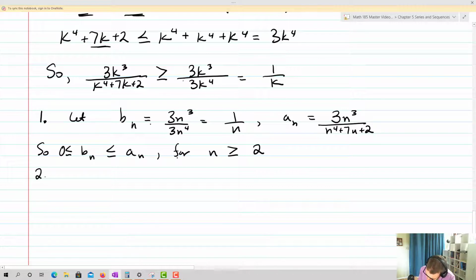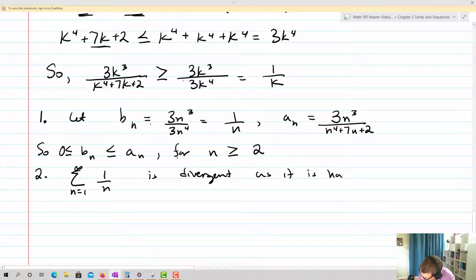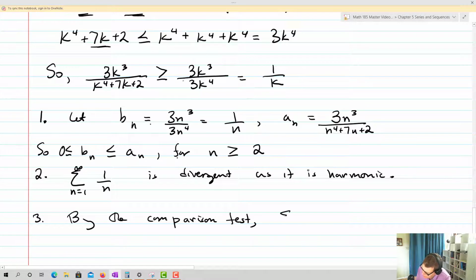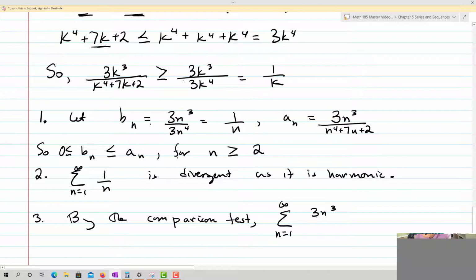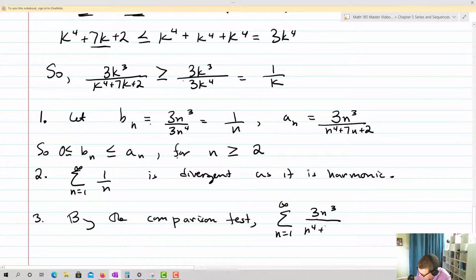So now 2, the sum from n equals 1 to infinity of 1 over n is divergent as it is harmonic. That's our harmonic divergent series, or you can say it's a p-series with p equal to 1. So 3, by the comparison test, the sum from n equals 1 to infinity of 3n over n to the 4th plus 7n plus 2 is divergent.